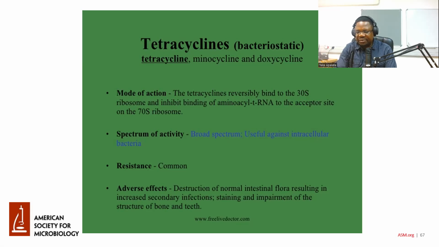According to their mode of action, tetracyclines reversibly, remember aminoglycosides we say irreversibly bind, but tetracyclines reversibly bind to the 30S ribosome and inhibit binding of amino acyl tRNA to the acceptor site on the 70S ribosome. They have a very broad spectrum activity, and they are also useful against intracellular bacteria.